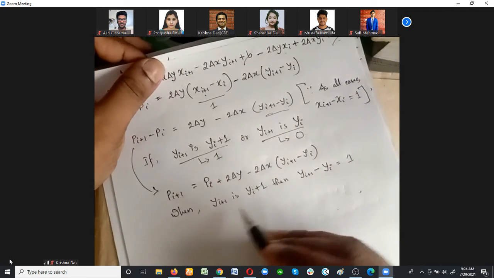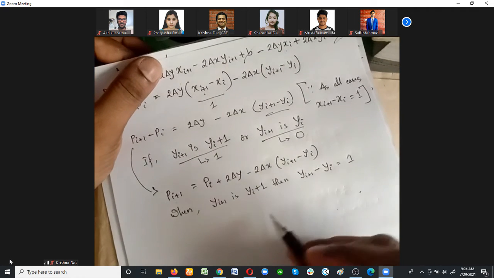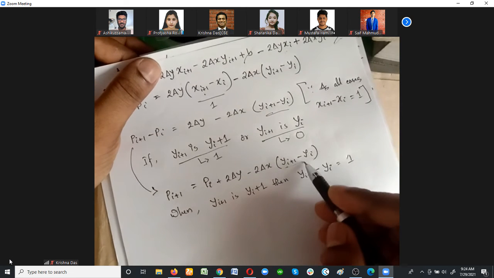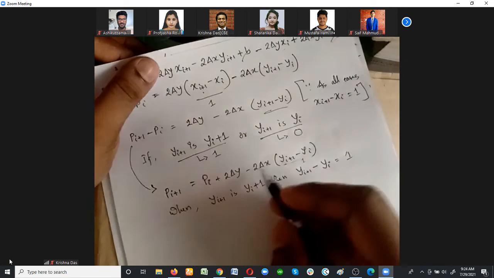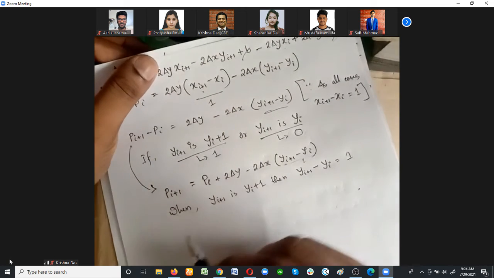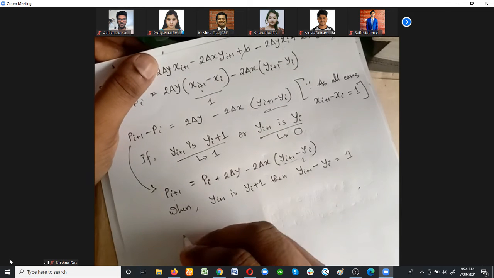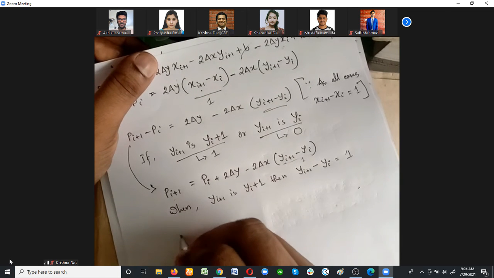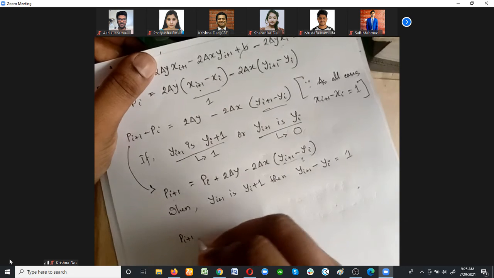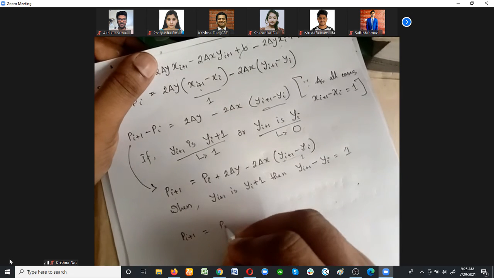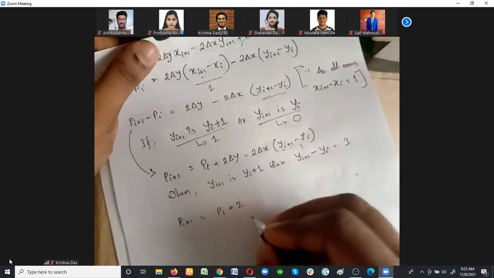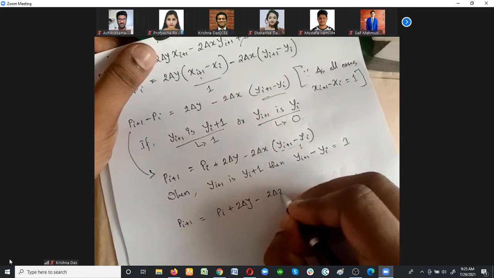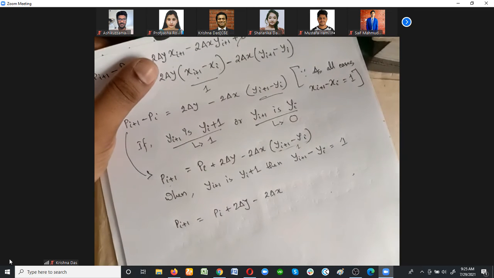So when this becomes 1, then this equation retains like that: p of i plus 1 is equal to p of i plus 2 del y minus 2 del x, okay.